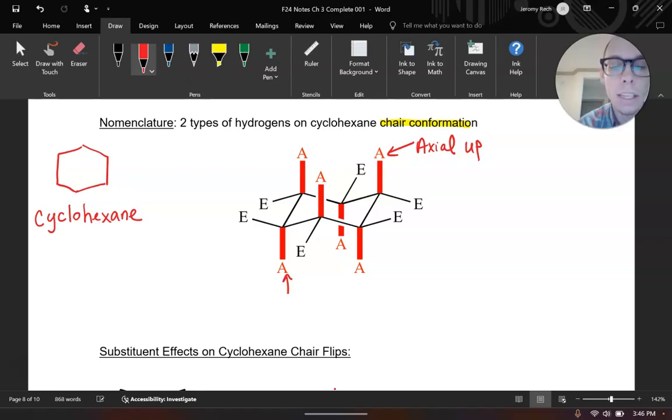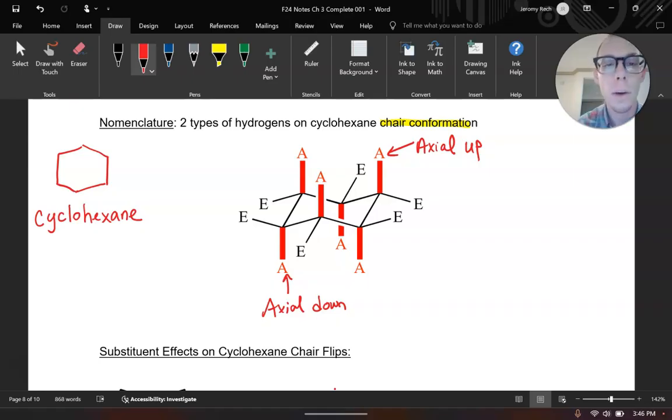If we look at this one right here, this one is also axial. It is directly vertical. That is the meaning of the word axial. However, this one is going down below the ring, so we're going to call that axial down. And overall, you're going to have a total of 3 axial ups and a total of 3 axial downs. And these are going to alternate.